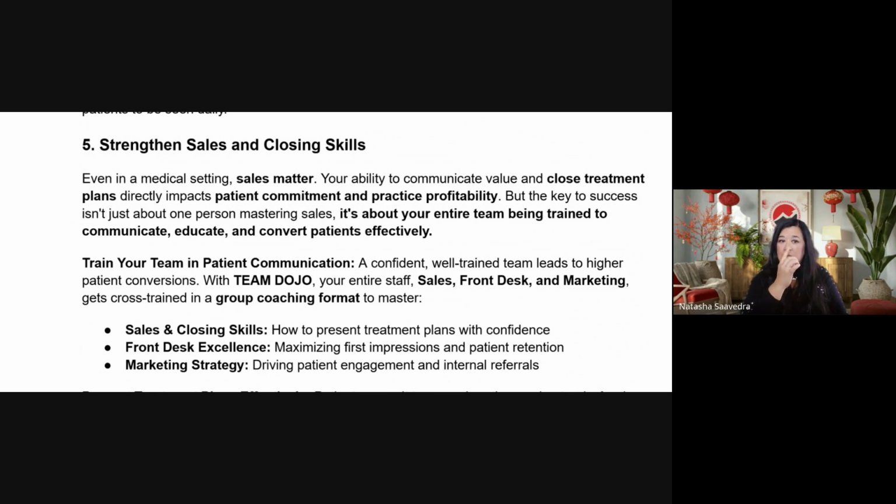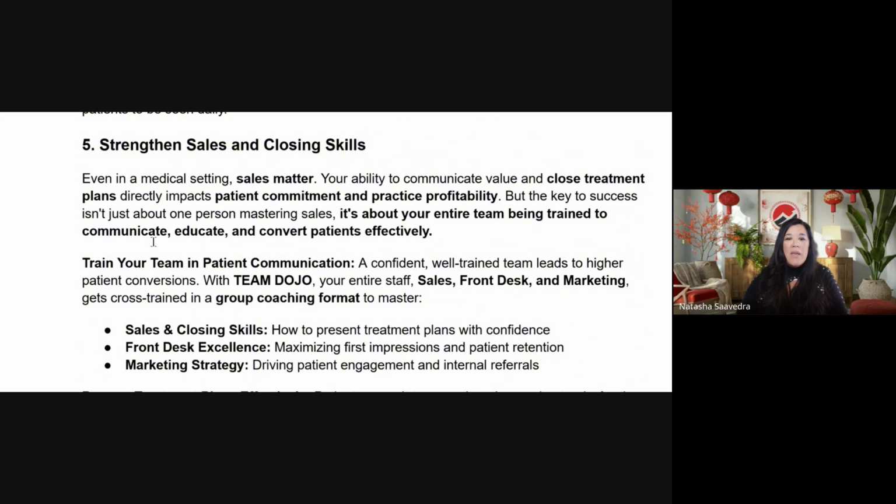The key to success isn't just about one person mastering sales, but it's important for your entire team to be trained on how to communicate, educate, and convert patients effectively. There's so much of that happening. It's a cumulative effect of everybody working together, speaking the same language, and moving that person towards their health and wellness goals in the office.